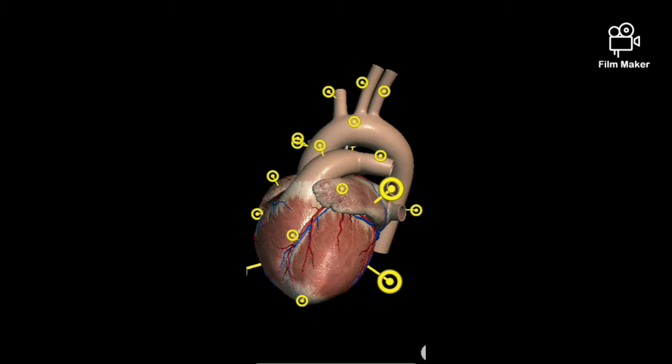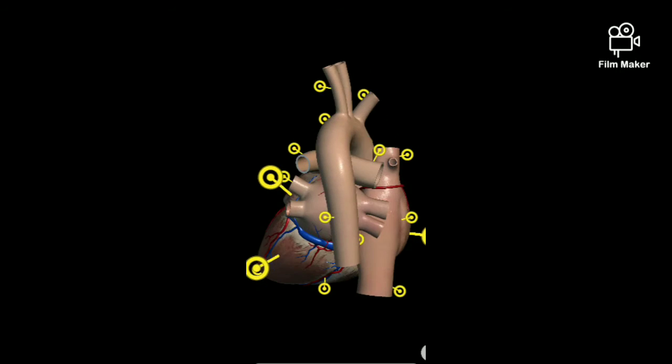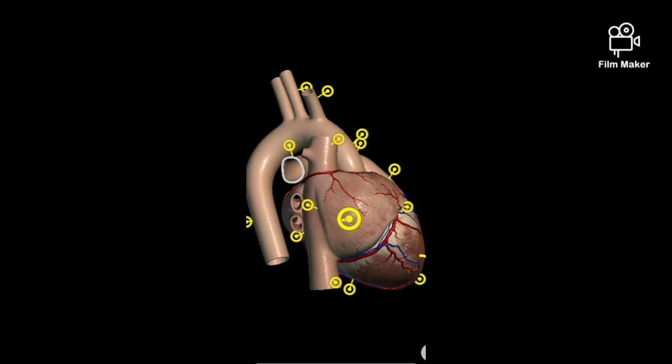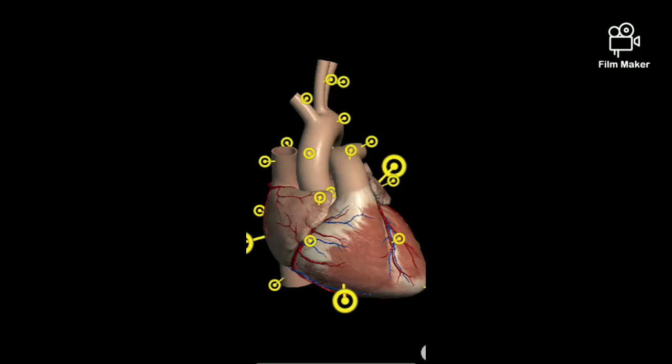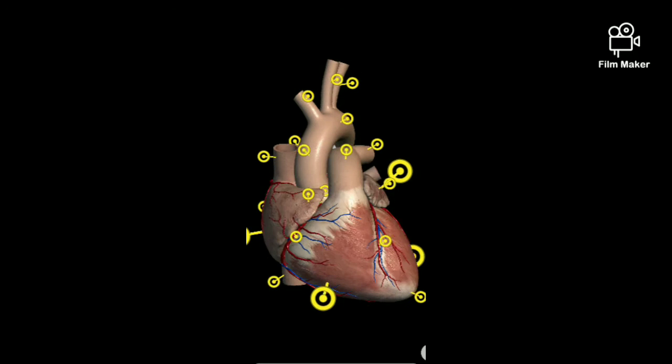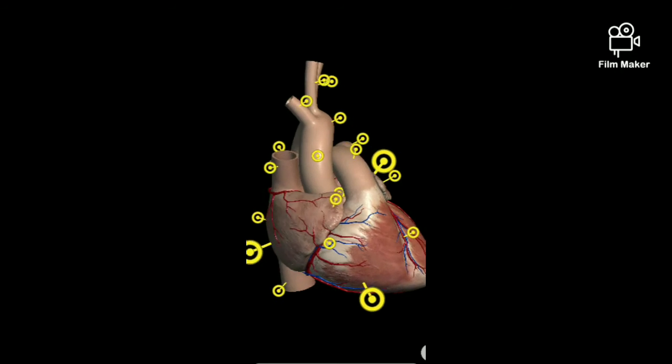A large septal defect can cause right ventricular overload, leading to pulmonary hypertension, right ventricular hypertrophy, and ultimately right heart failure. Its definitive treatment is closure of the defect by surgical or transcatheter closure.